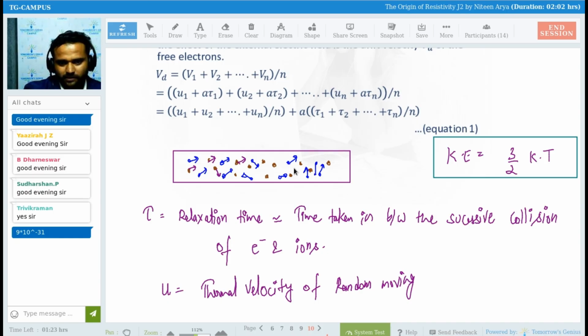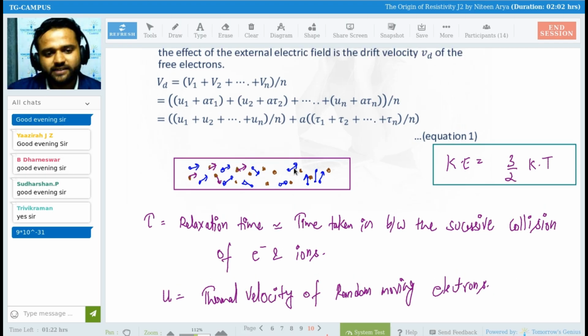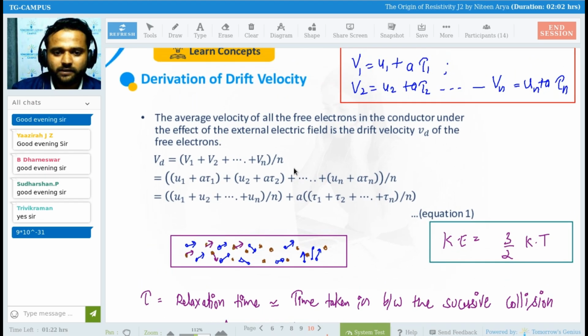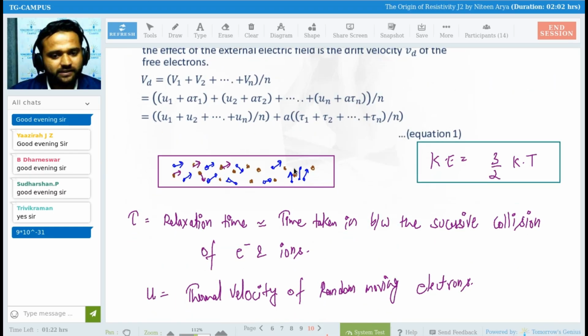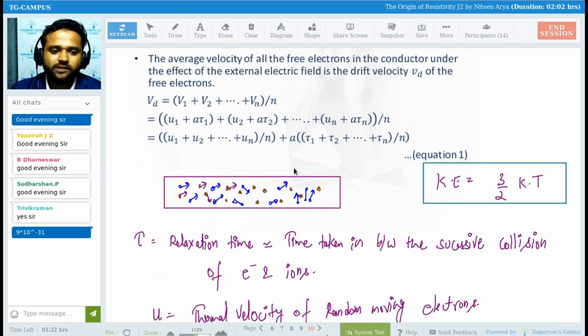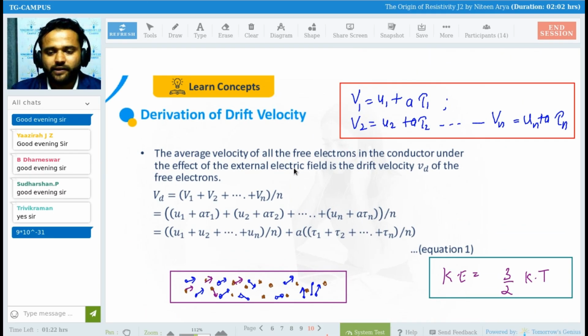So this u is the thermal velocity of random moving electrons. Clear, everyone? What this tau is, what this u is, and there is a relation also, but we're going to focus here first and then find the relation. Is this clear, what tau and u are? Everyone?